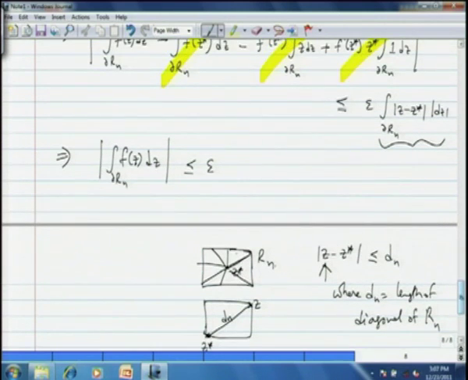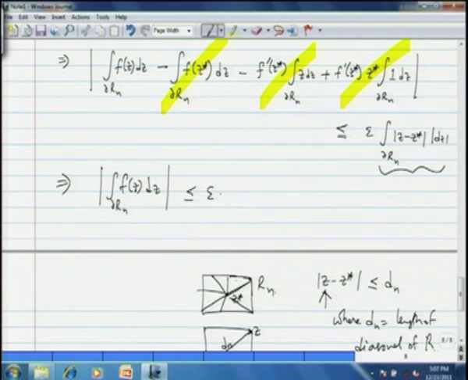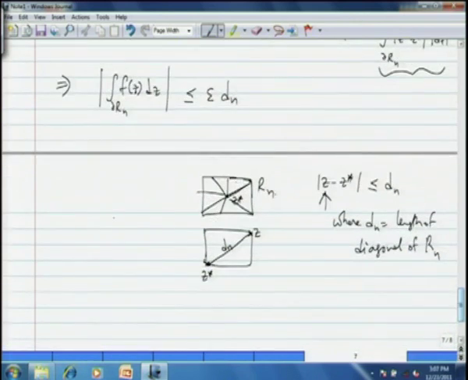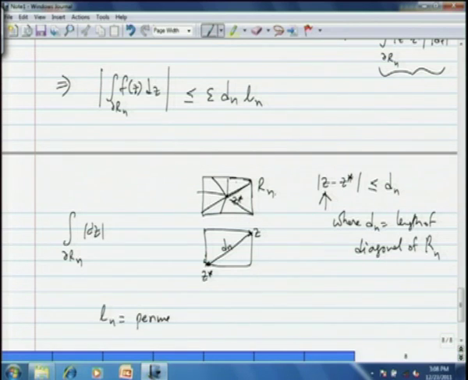Then I am left with the integration of mod dz on the boundary of R n, and we know that that is the length of the boundary of R n, which is essentially the perimeter. So, let me write that as L n, where L n equals the perimeter of the rectangular region R n.